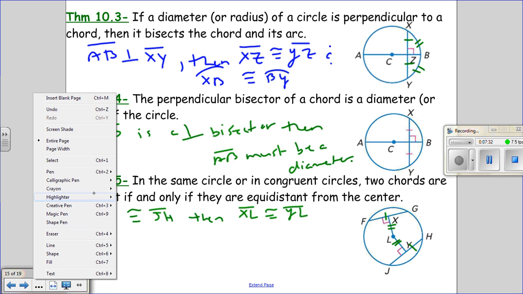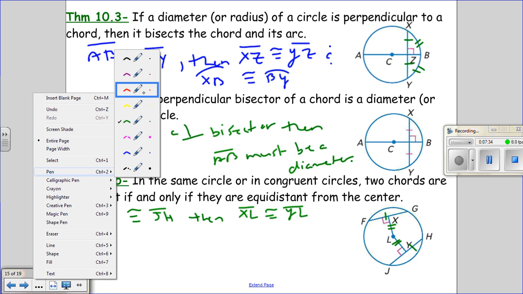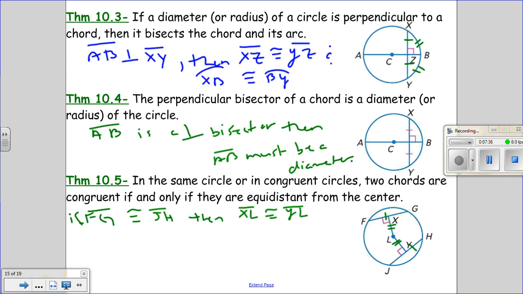And then it must be the same true in reverse as well. If XL is congruent to YL, then the chords FG are congruent to JH.